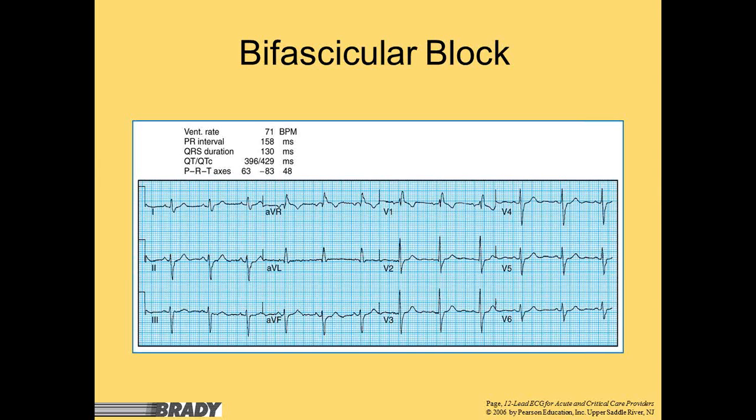So we have an anterior hemiblock, and then we have a wide QRS here. And let me see if I can get this bigger. I don't think I can. But if you look, there is a notch in it right there that you can see.